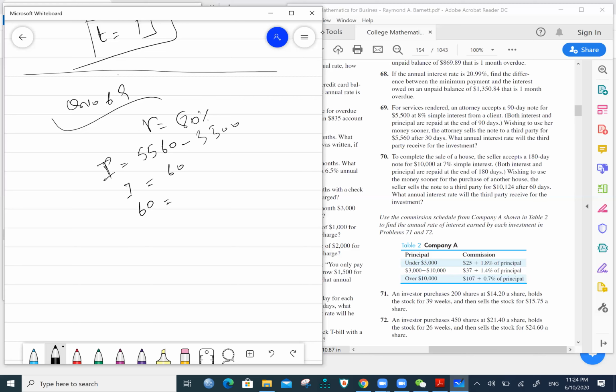Interest equals 5,500 times R times 30 divided by 360.